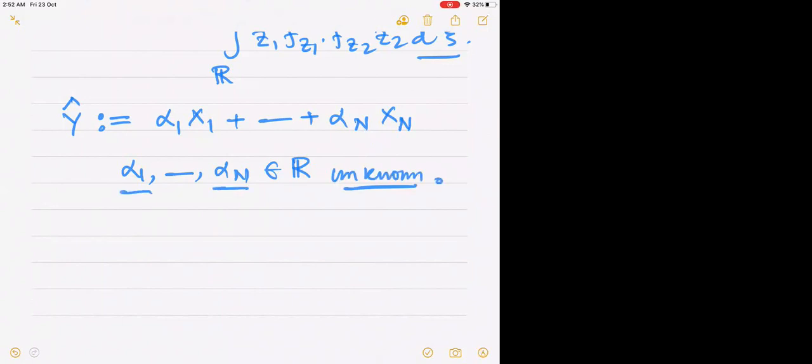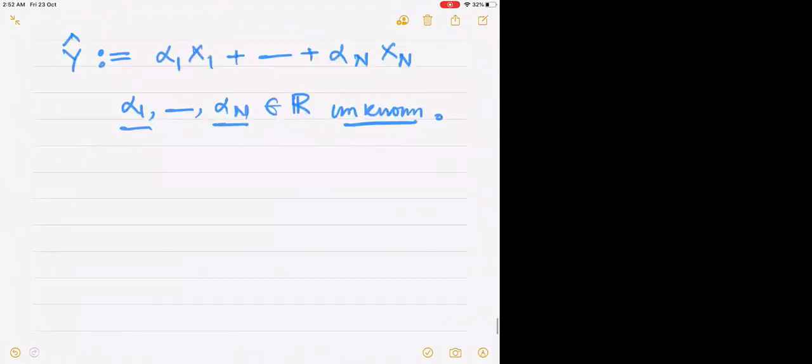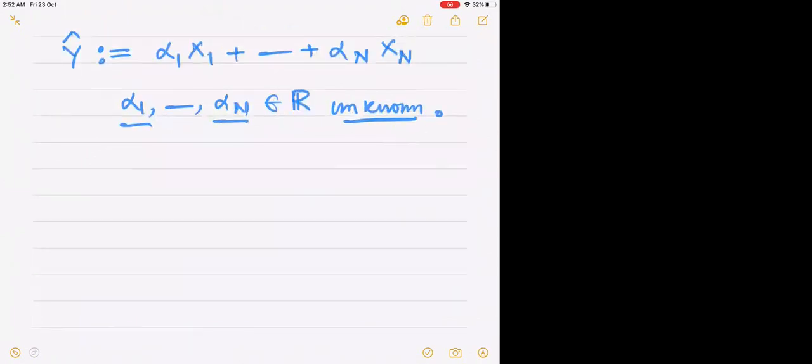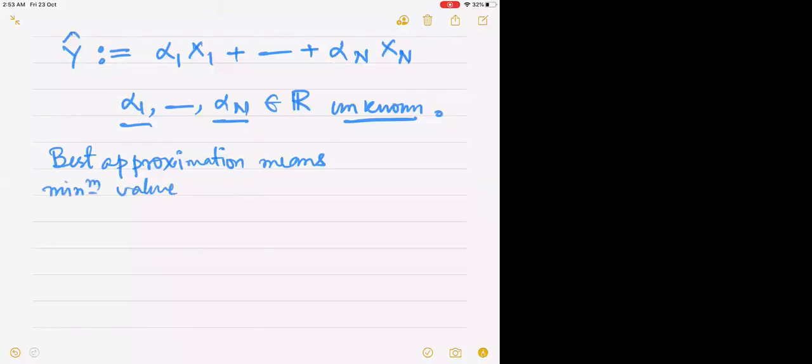Now, how do I get that this is the best possible approximation? Well, because it's an inner product space, there is a norm. Best approximation here would mean the minimum value of y minus y hat, the norm squared.